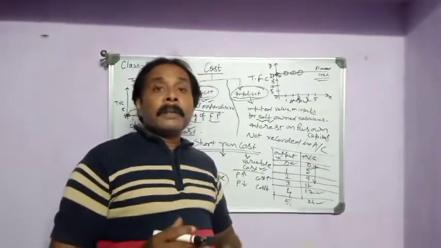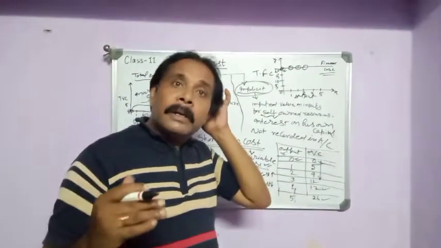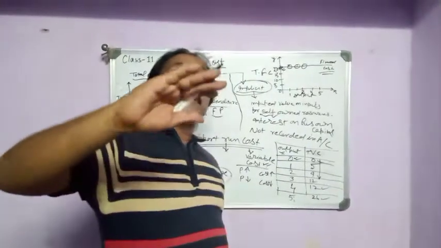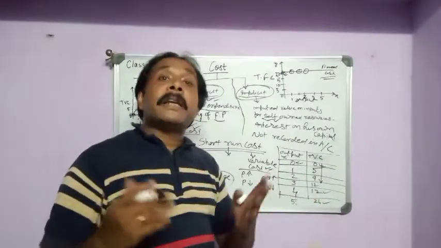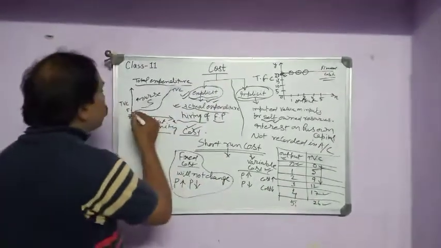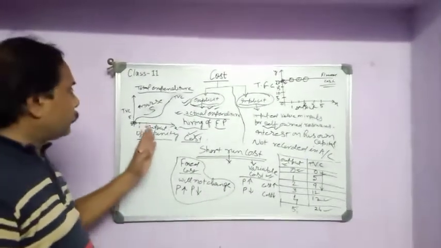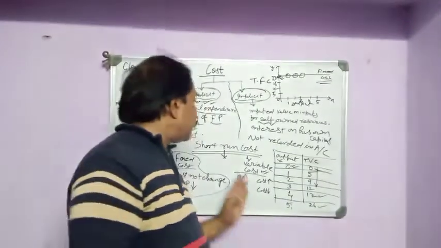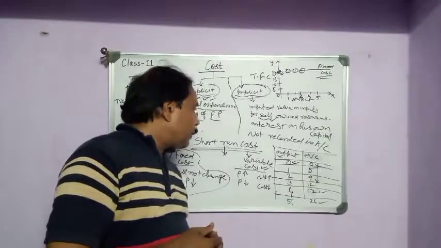But when the second stage starts, that is the law of diminishing returns to a factor, in that case production increases at a slow rate. That's why our cost of production increases at a faster rate, and due to this reason it makes the inverse S. Clear? So in this way we can say the total variable cost is the inverse S.